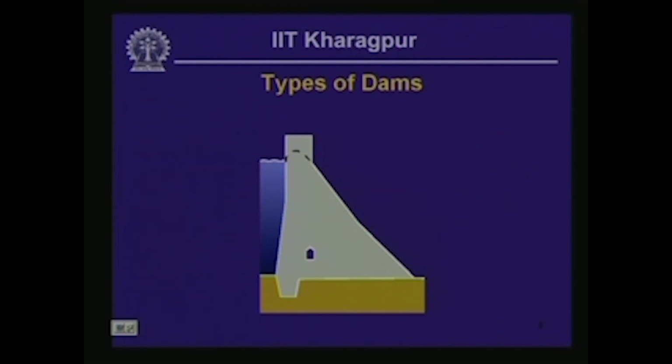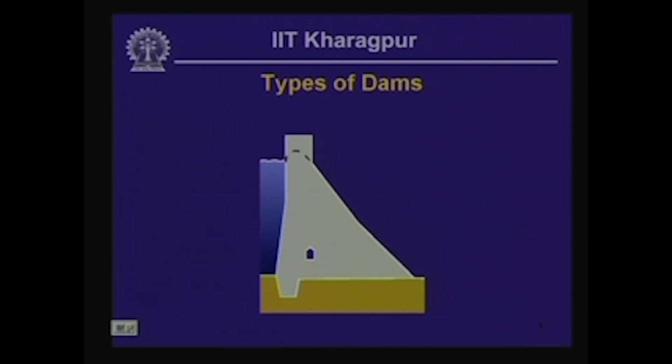Water, as you can see, is on your left, and the dam is of a triangular cross section to the right, top right of this sketch. Now, this dam is going to counteract the lateral forces exerted on the dam body by the water by virtue of its self weight.